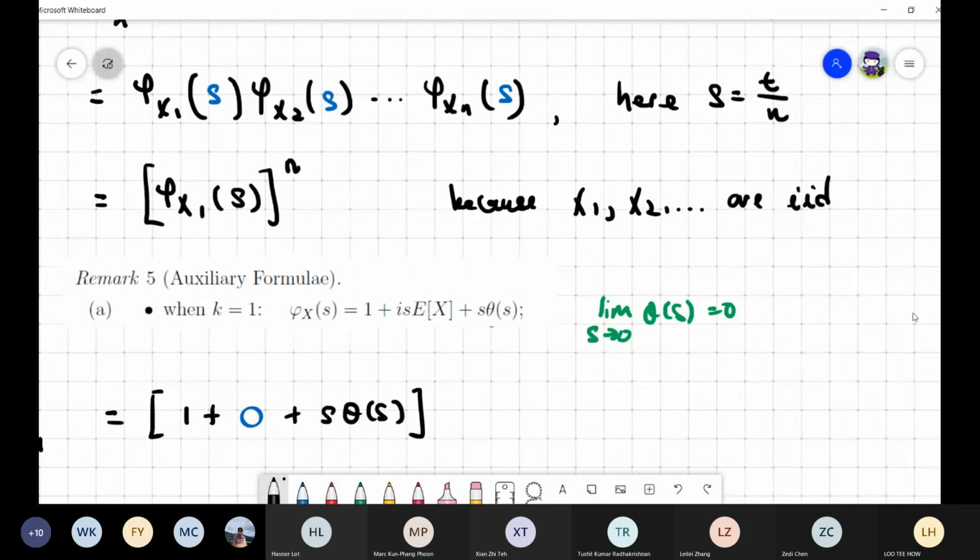Okay. So this 0 is because we know that E[X_j] are all equal to 0. So that's why we got 0 here. Okay, again, we have the power of n here.